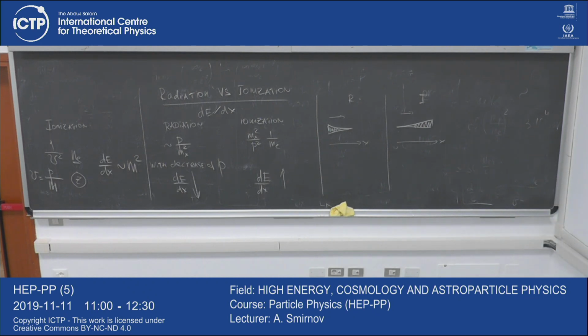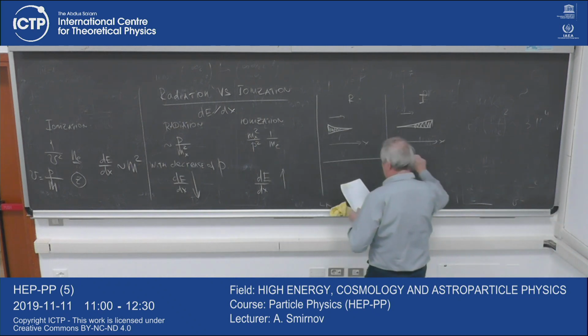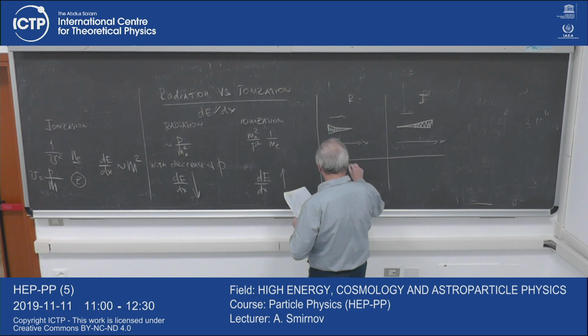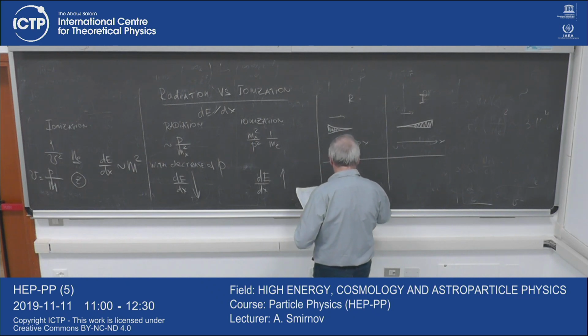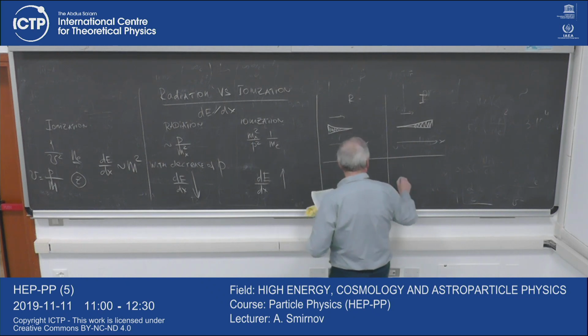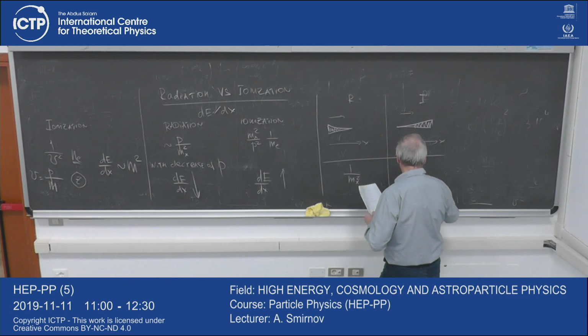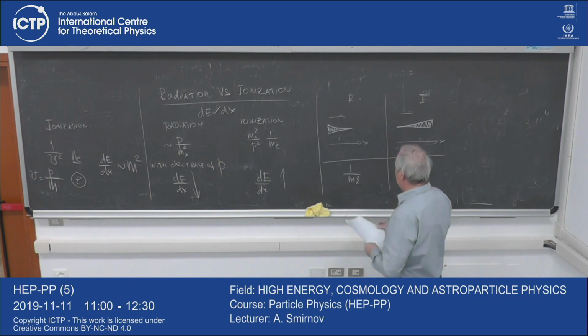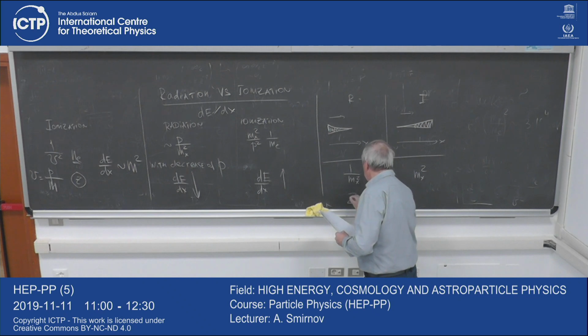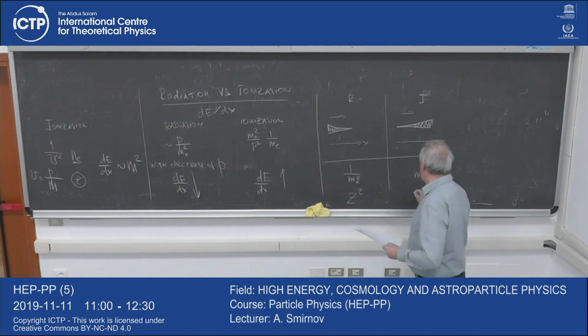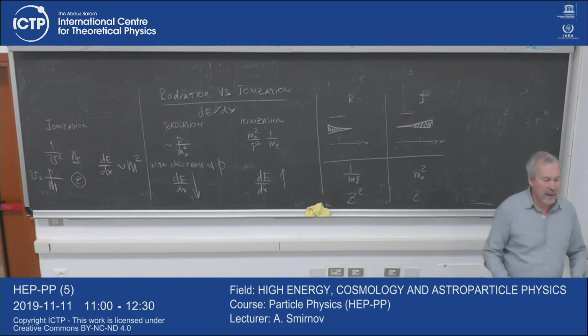Then, an important feature which I have already mentioned: here it's 1 over mx squared dependence, and here it's proportional to mx squared. Here we have dependence as Z squared, here we have dependence as Z. Z gives you the density of electrons, which is proportional to Z.